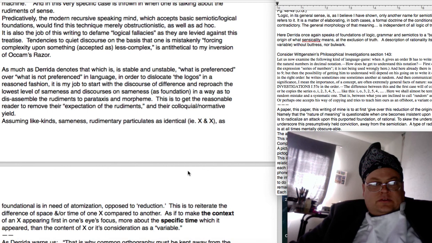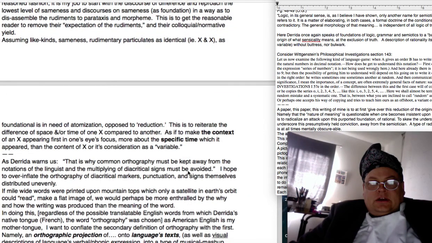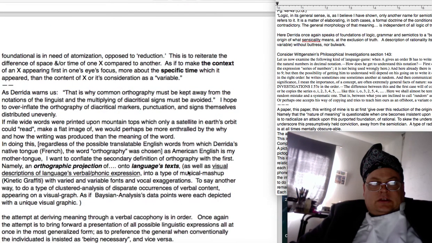This is to get the reasonable reader to remove their expectation of the rudiments and their colloquial normative yield, assuming like-kind sameness, rudimentary particulates of identical, i.e. x and x, as foundational is in need of automatization opposed to reduction.